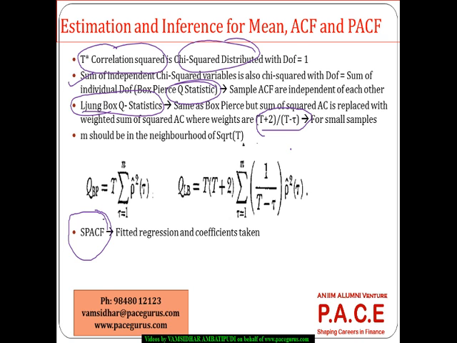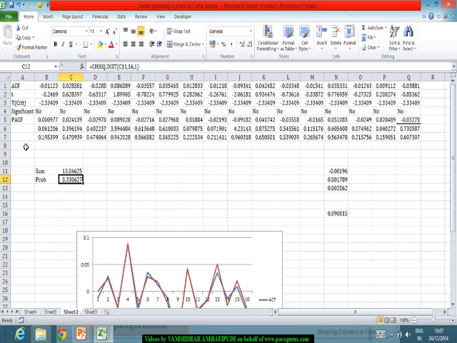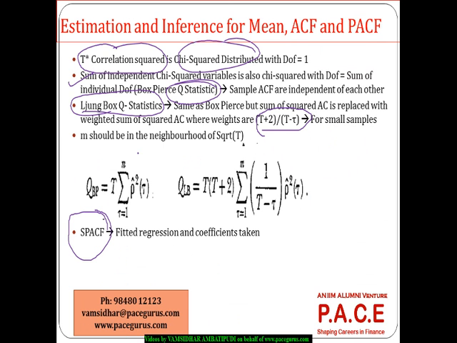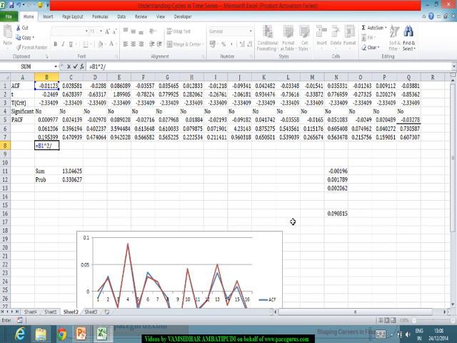I'll take the correlation squared, the autocorrelation that I have got, and divide it by t minus the lag. T is 485, so 485 minus 1 here, 485 minus 2 here.